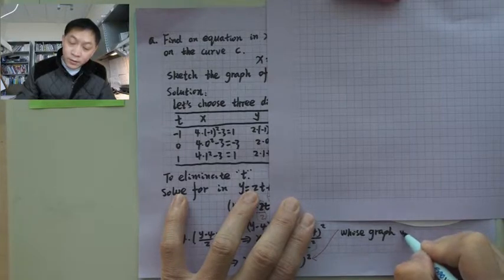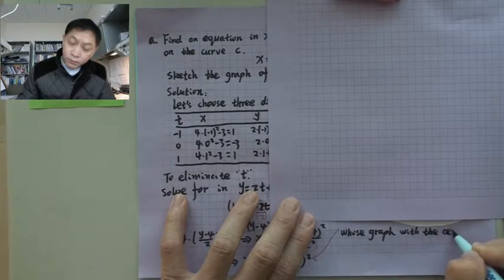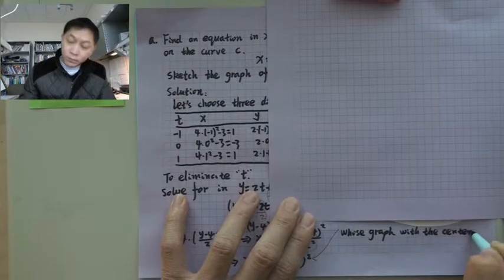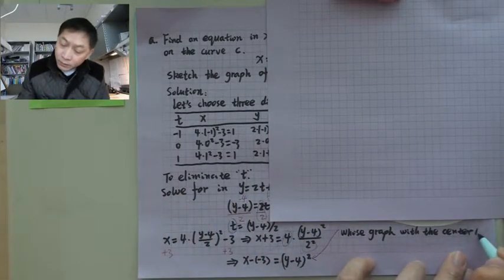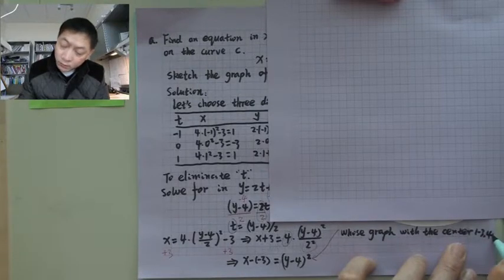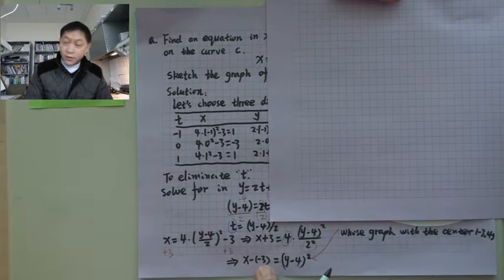the center, what? -3, 4. You see, x minus -3, so it's -3.